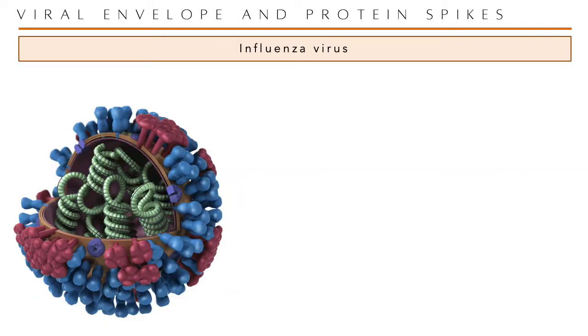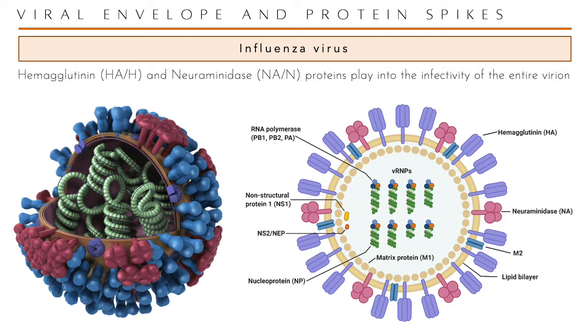Another example would be the influenza virus, which contains these red and blue glycoprotein spikes, right? These are the hemagglutinin and neuraminidase proteins, and they play a very important role in the infectivity of the entire virion. All right. If you watch the news or if you are in touch with the different influenza viruses, you always hear H1N1, H2N3, H1N7, right?